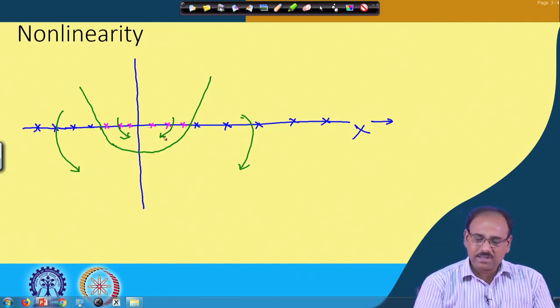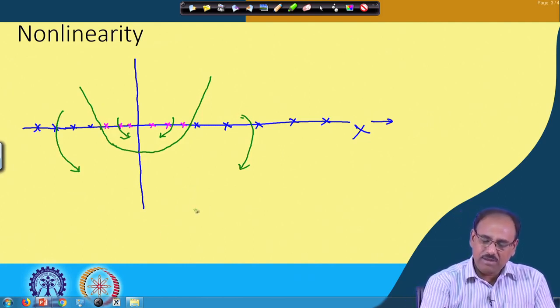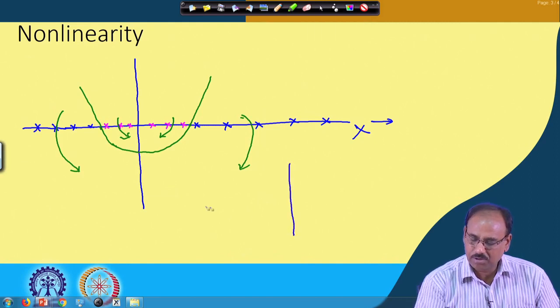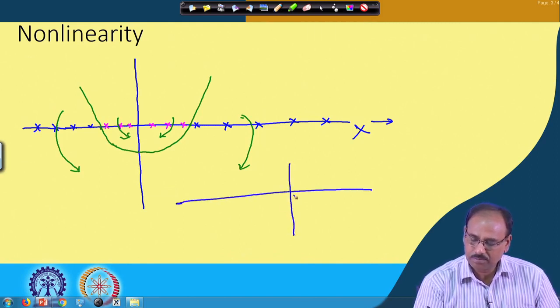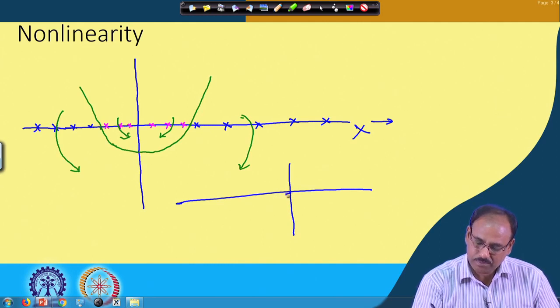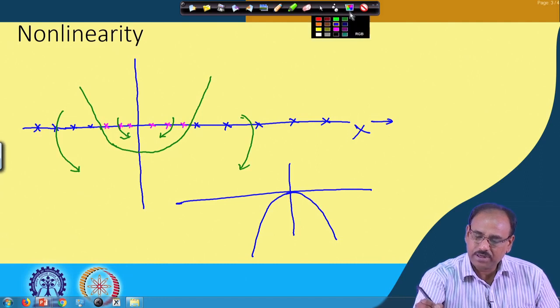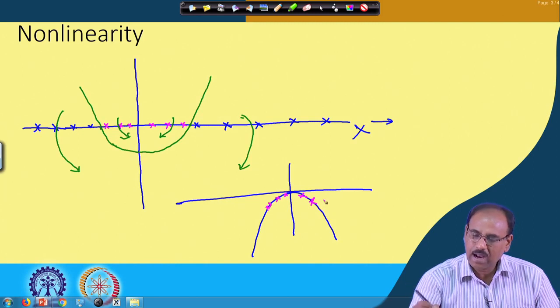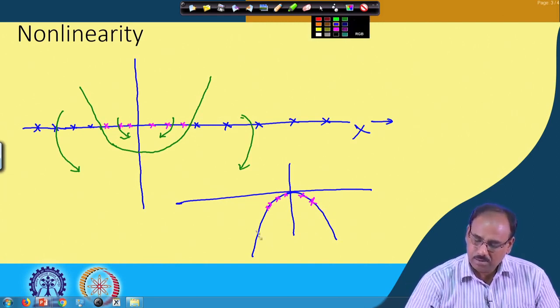Let me redraw this figure. All the feature vectors which are marked in pink will be mapped over here, and all the feature vectors which were marked in blue will be mapped over here.